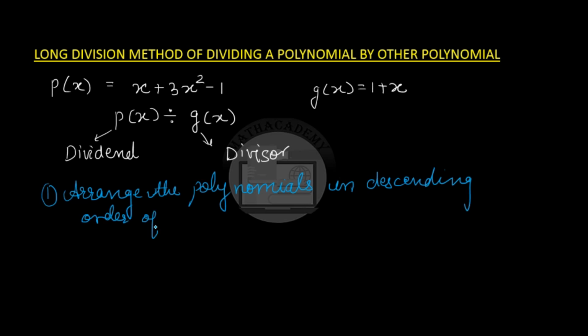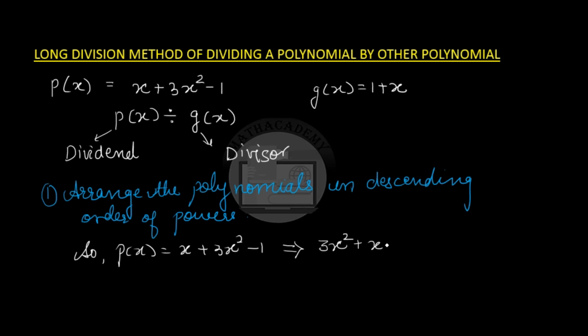So p of x is x plus 3x square minus 1, and we will arrange it in descending order of the powers. We write the x to the power 2 term first, then the x term and then minus 1. Similarly, g of x is 1 plus x. It also has to be arranged in descending order of the powers, so it will be written as x plus 1. I hope this much is clear.